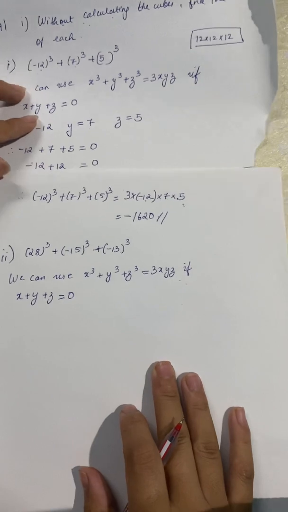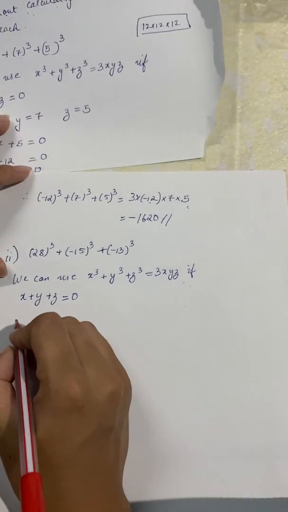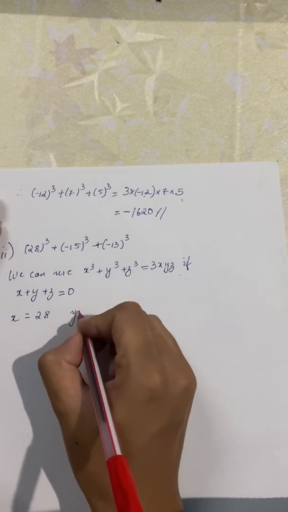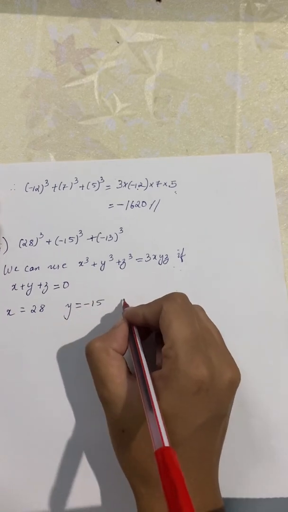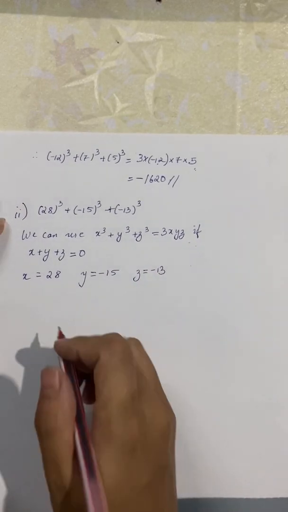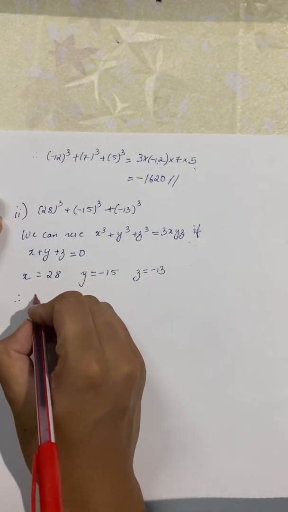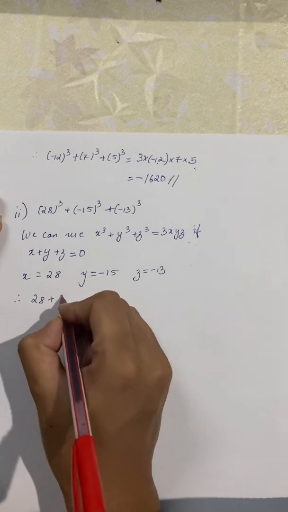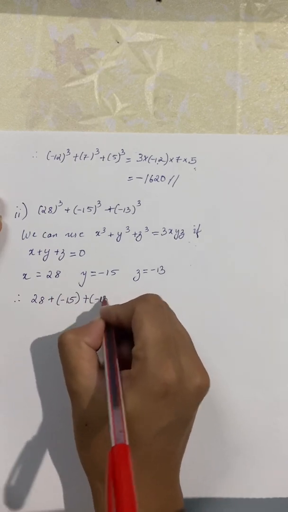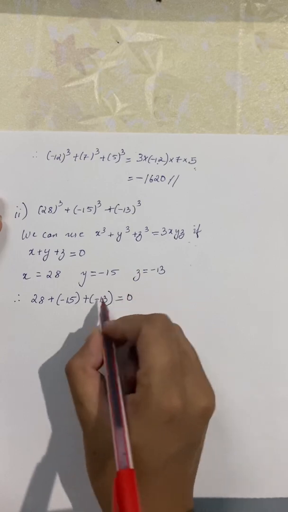Now we'll see, what is the value of x here? The value of x is 28. The value of y is minus 15. Value of z is minus 13. Therefore you substitute it. X value is 28 plus y value is minus 15 plus minus 13. Now we have to find out if this is equal to 0 or not.